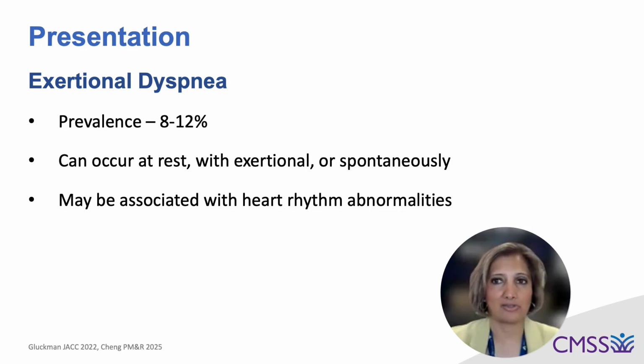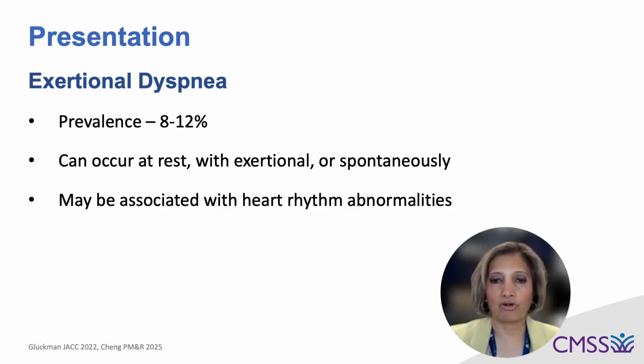Exertional dyspnea is also relatively common with a prevalence of 8 to 12%. And this can also occur at rest, with exertion, or spontaneously. And this has a lot of overlap with patients with pulmonary symptoms and can also be associated with true heart rhythm abnormalities.